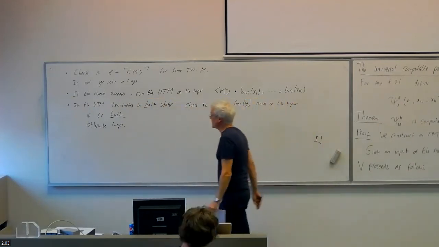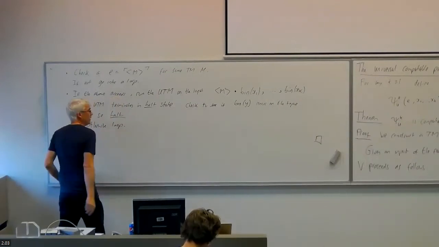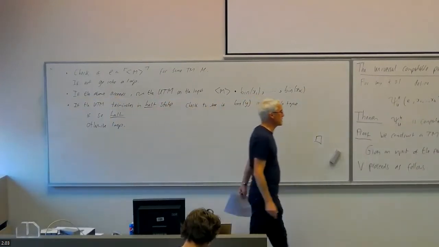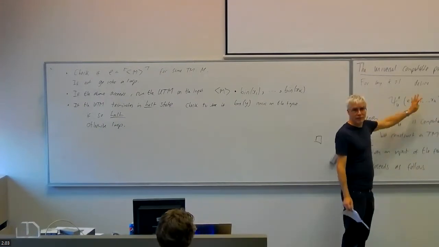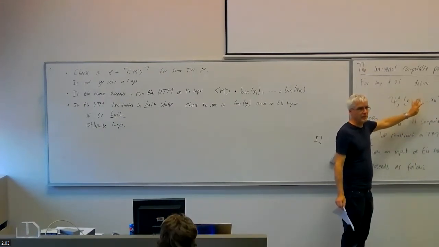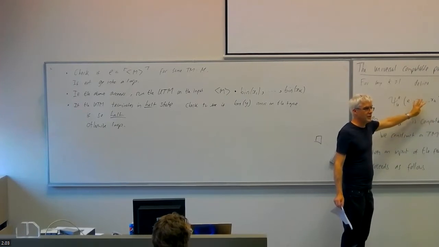The point is, once you've seen an outline proof for why it exists, we can ignore that, and we can just live with the existence of the function and this definition of it, which gives us all the properties we need.